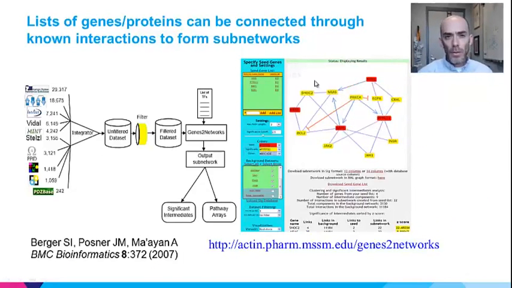Our lab was one of the first to develop a web-based tool that takes in a list of mammalian genes or proteins and connects them using known protein-protein interactions. For creating this tool, called Genes2Networks, we first merged from the literature several online databases and publications that described many protein-protein interactions collected either experimentally or from literature curation.